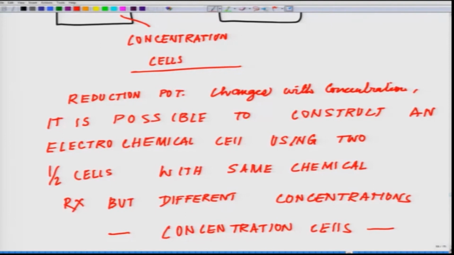Now, talking about a concentration cell, let us think of an example where you have a cell like solid silver, Ag, and Ag+ in the aqueous phase with 0.1 molar concentration.